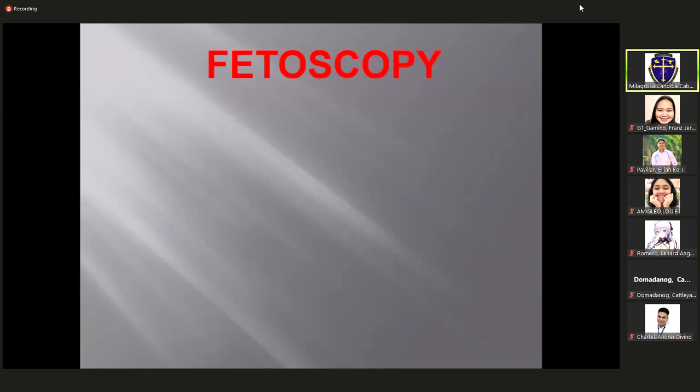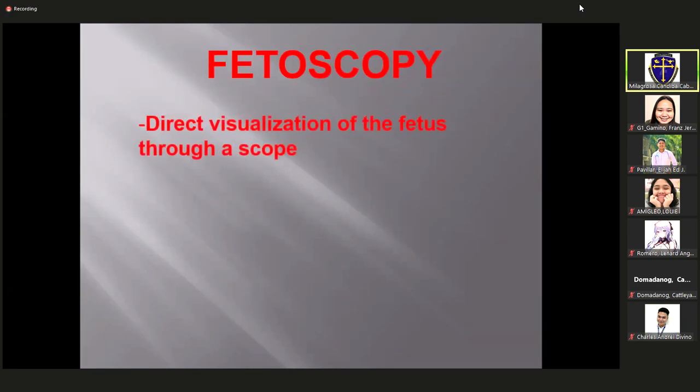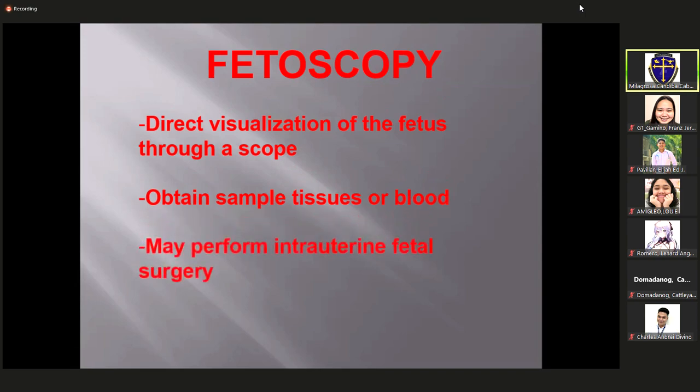Okay, when you say fetoscopy, scopy, no? It is the direct visualization of the fetus through a scope. Okay, gagamit tayo ng instrument to obtain sample tissues or blood. And of course, it can also perform intrauterine fetal surgery. So this fetoscopy, no? Ang instrument dito is the optical instrument inserted through the abdominal and uterine walls to identify fetal development.